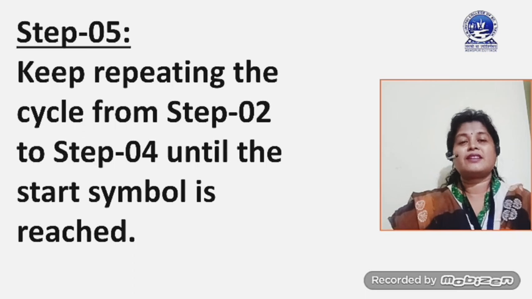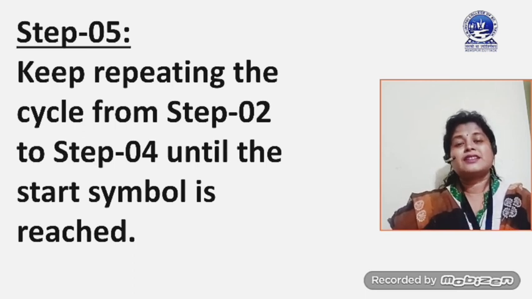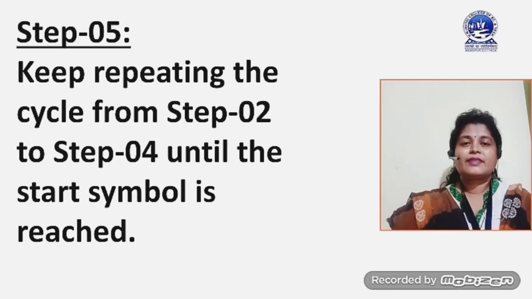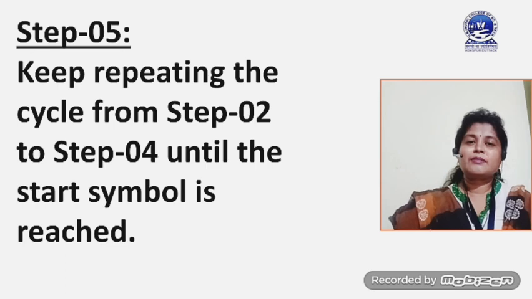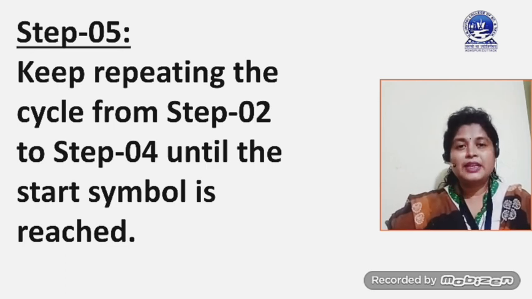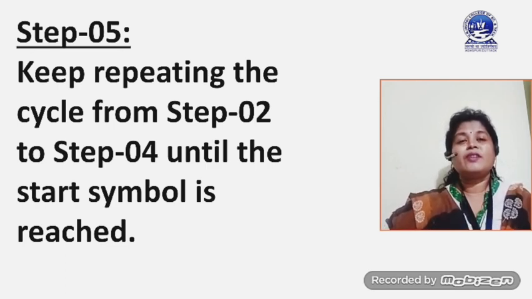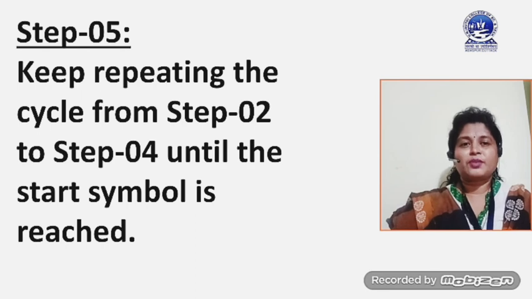It means that first we will scan the string and try to find a handle which is in between the less than symbol and the greater than symbol, and then by implementing the production rule we will replace the handle.